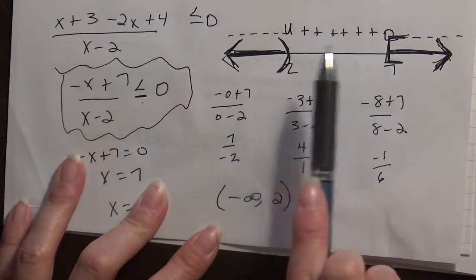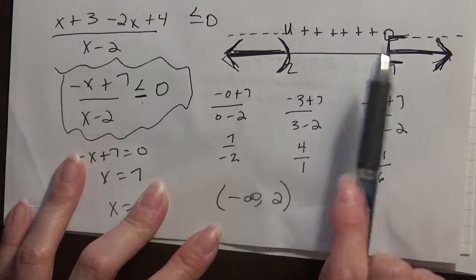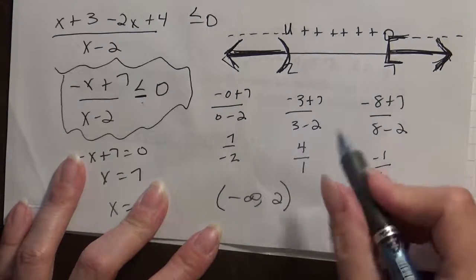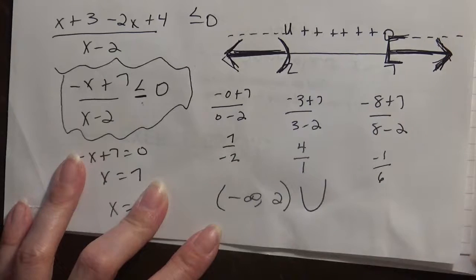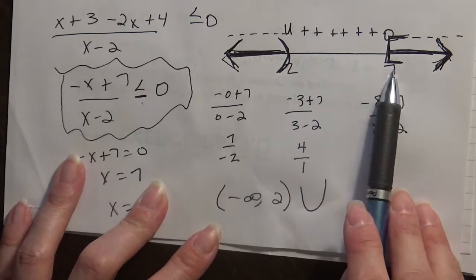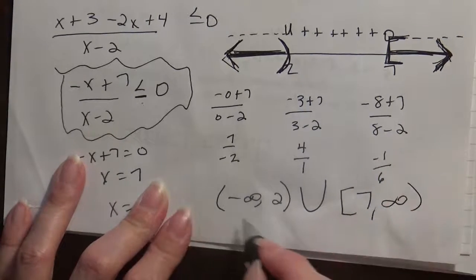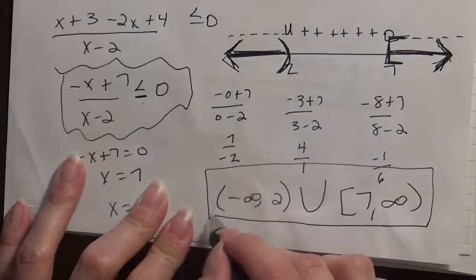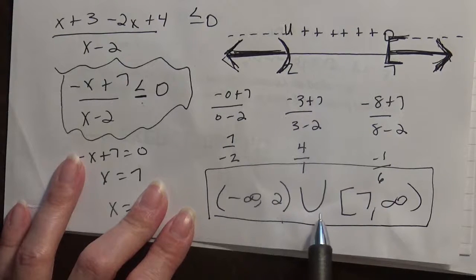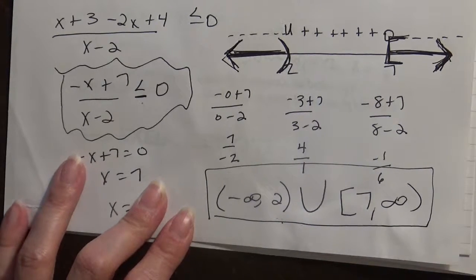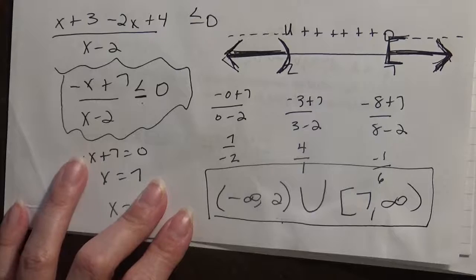Because of this gap in my graph, or this open space, I'm going to use my union symbol. And then I'm going to start over here with 7, the square bracket, to positive infinity. So I got negative infinity to 2 with parentheses, union square bracket 7 to infinity. And that is example 3.